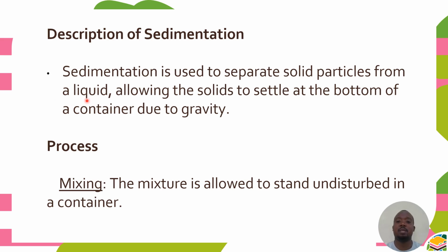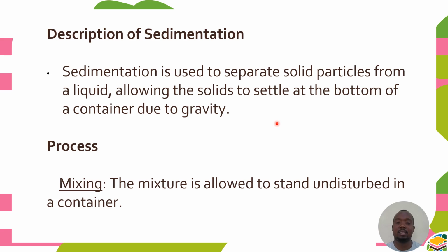What type of solid particles? The solid particles which are insoluble in a given liquid, allowing the solids to settle at the bottom of a container due to gravity. So you allow the solid to settle.